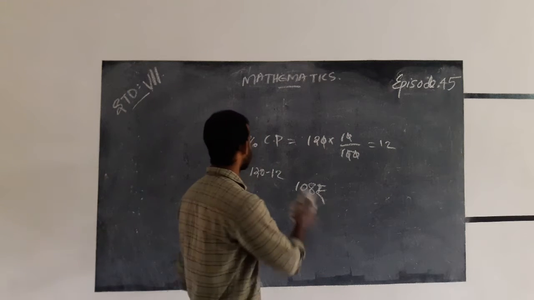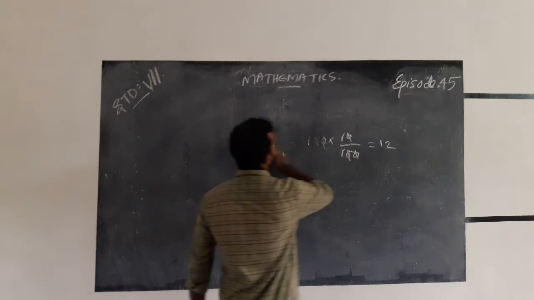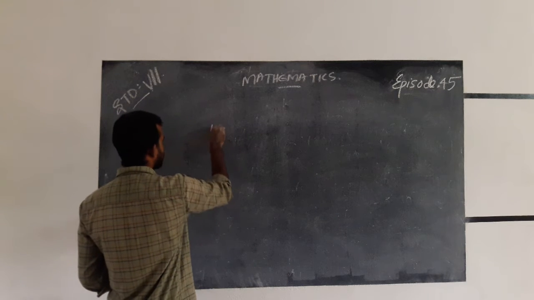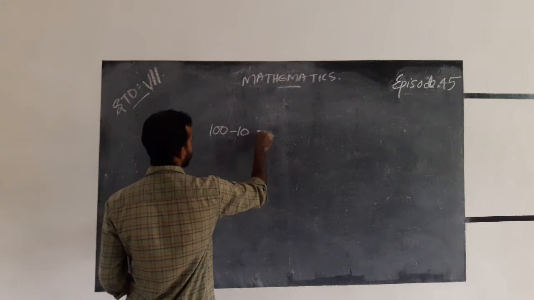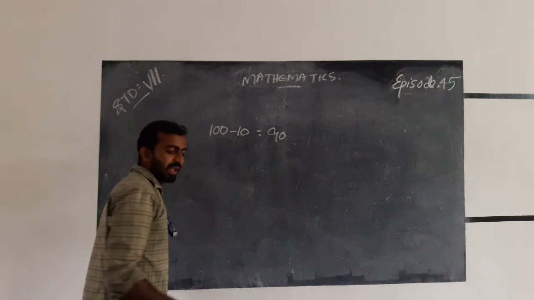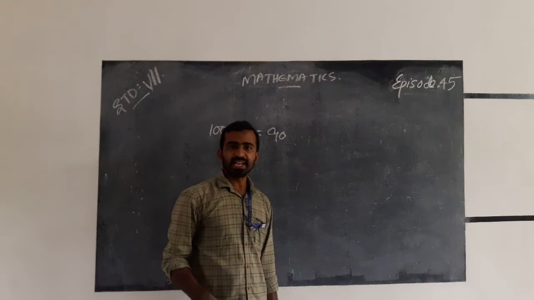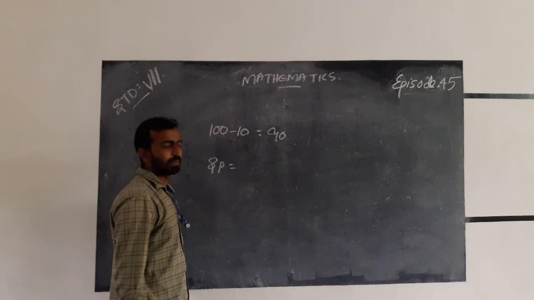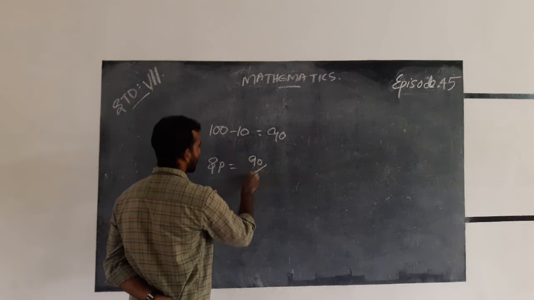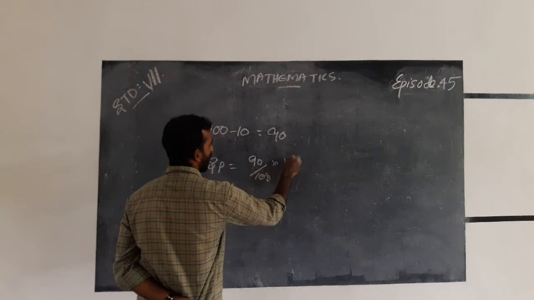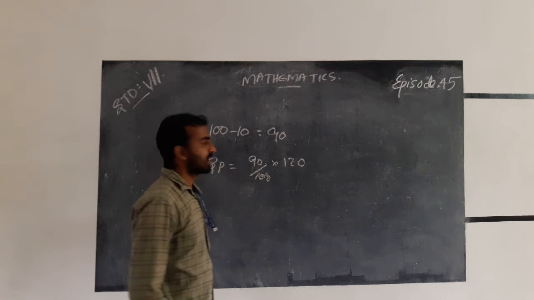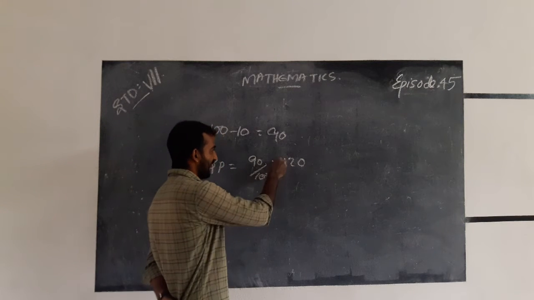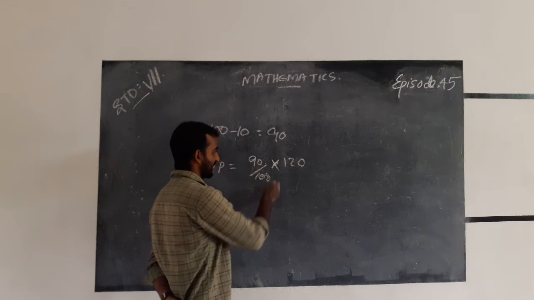We take the selling price SP equal to 90 by 100 into 120.